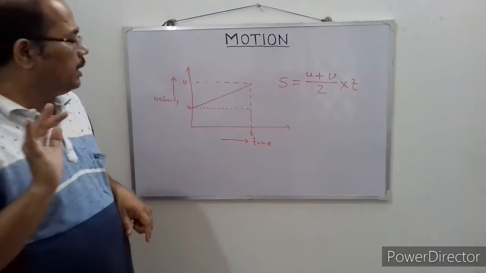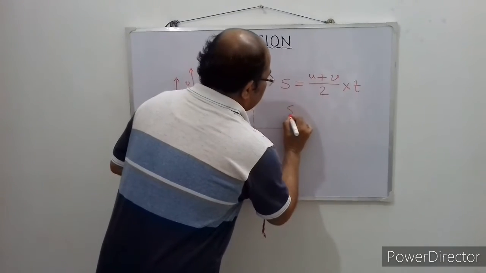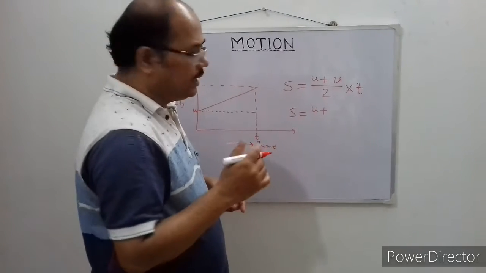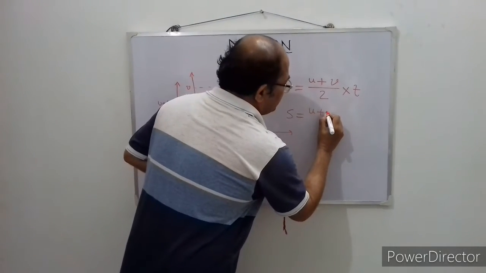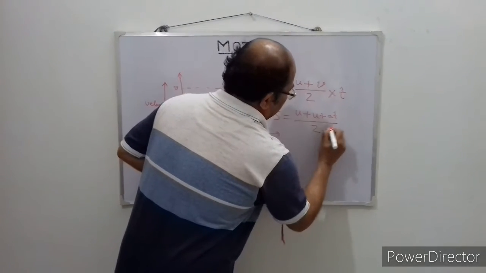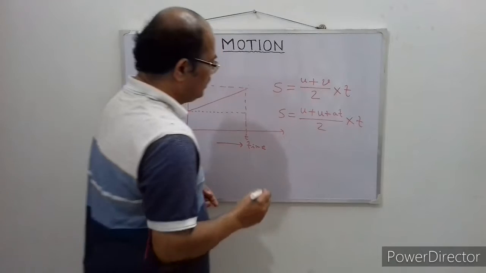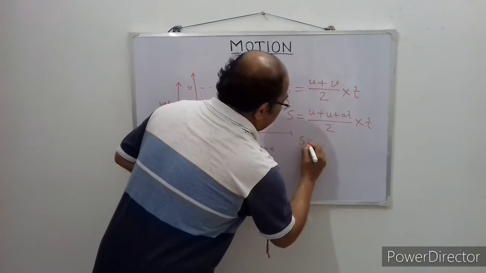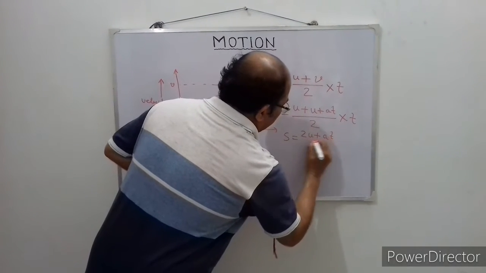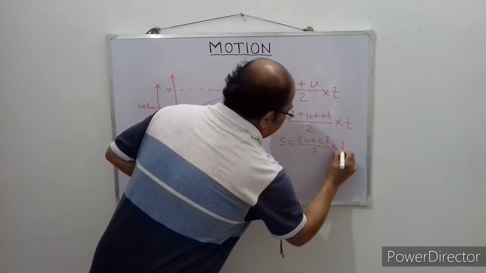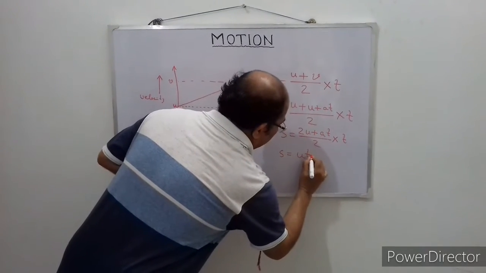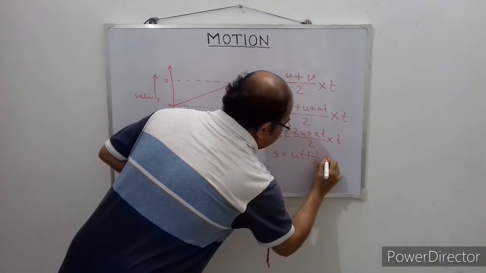S equals (u plus v) by 2 into t. Now instead of v we can write, as we have learned in the previous equation, v equals u plus at. Thus we can have S equals (2u plus at) by 2 into t, and simplifying it we can get S equals ut plus half at square.